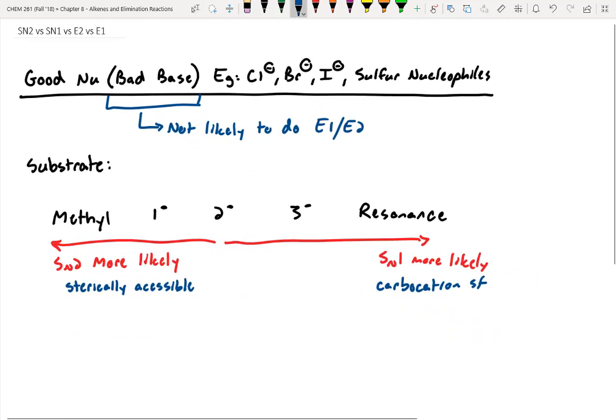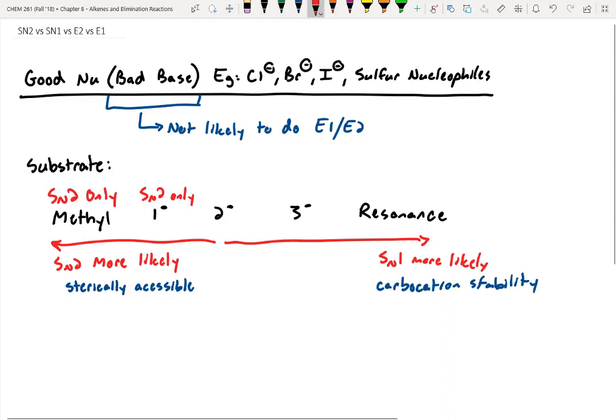Let me zoom out a bit. All right. So what we can do is start to make general assumptions from this, right? So if we have a methyl carbon with some sort of leaving group off of it, really this is going to do SN2 only. If we have a primary carbon, this will also do SN2 only.